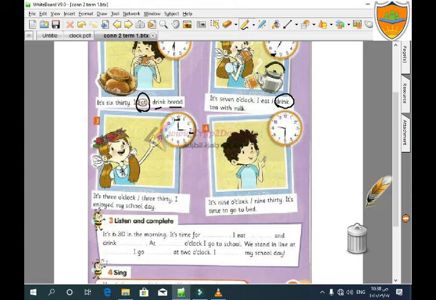So we will choose 3 o'clock. And last picture, it's 9 o'clock or 9:30. It's time to go to bed. The short hand is on 9 and the long hand is on 6. So what time is it? It's 9:30. So the correct answer is 9:30.